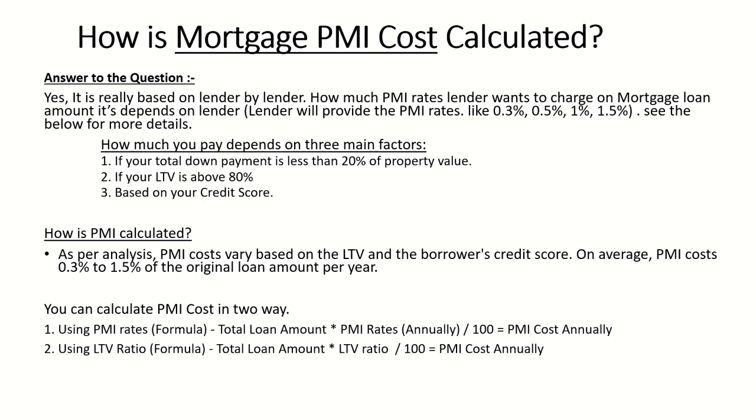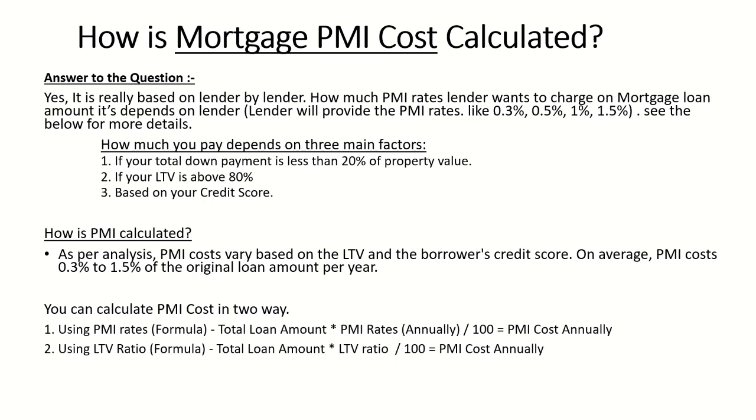And third is based on your credit score. So let's see how PMI is calculated. As per analysis, PMI cost varies based on the LTV and the borrower's credit score. On average, PMI costs 0.3% to 1.5% of the original loan amount per year.